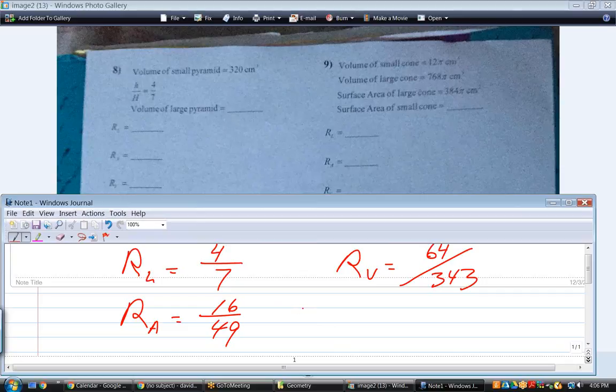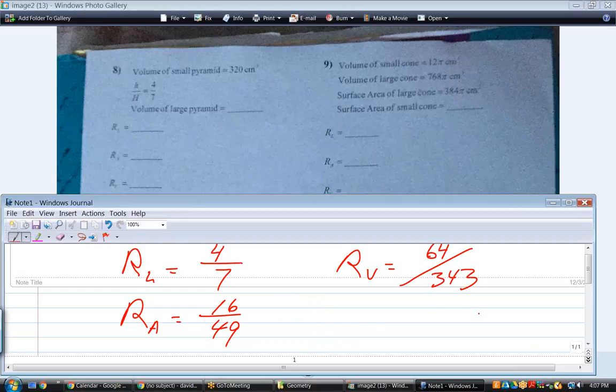Well, what we have to make sure is that we get it in the right order. 4 over 7 is actually the linear ratio. That's no longer a factor.